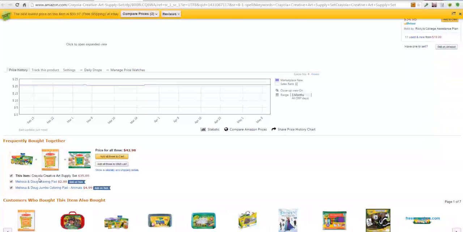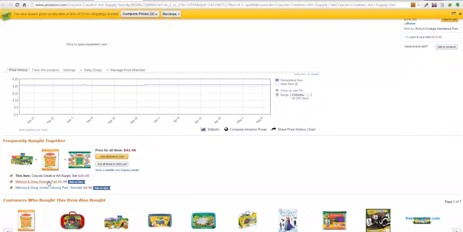So what this is telling us is that Amazon's telling us that people are purchasing these three items together. So this is a possible bundle opportunity. Now obviously we need to work out whether we can get the items at the right price so we can make a profit out of it.